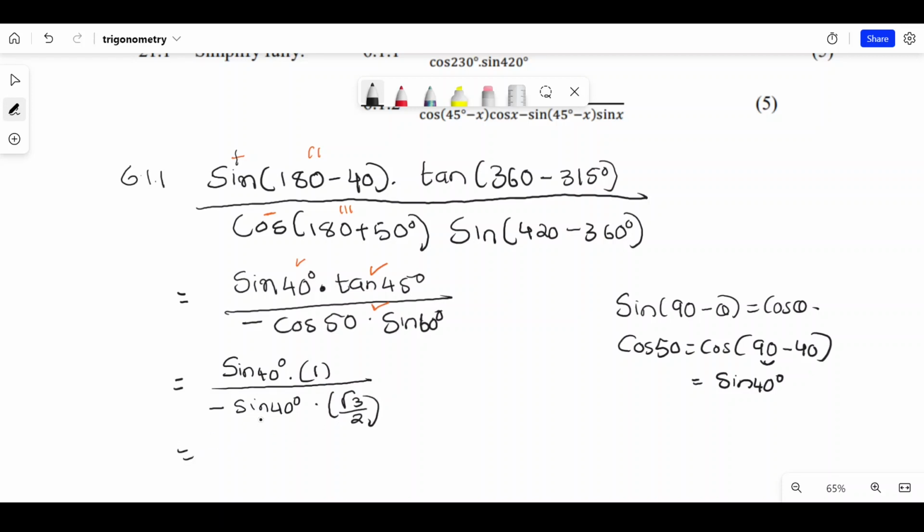Now sine 40 cancels with the sine 40. There is a negative sign. 1 over root 3 over 2 is 2 over root 3 but negative because of this negative sign. So the final answer is negative 2 over root 3.